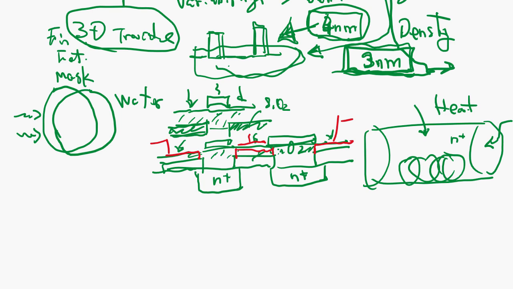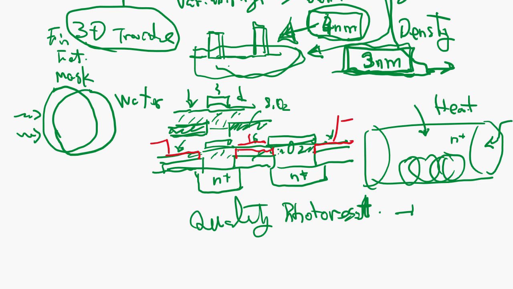The quality of photoresist becomes very important, because photoresist includes various materials, and when you etch away, there is a limit. What is the finest pattern you can etch away? If it's 4 nanometer, well, probably you can't use the 4 nanometer process.